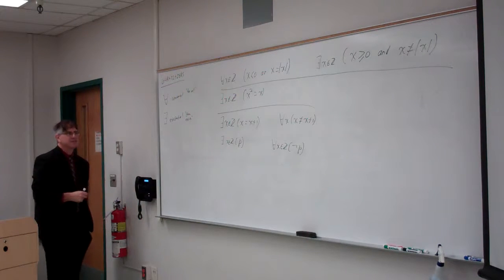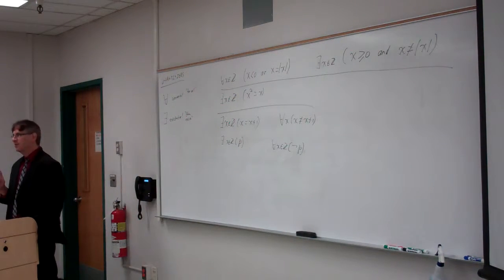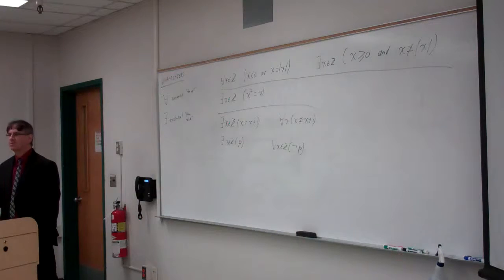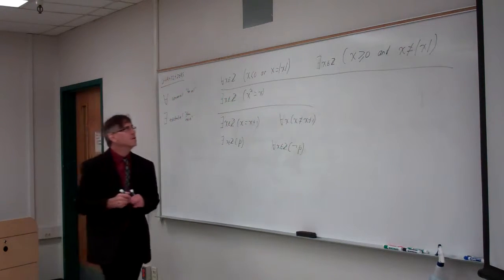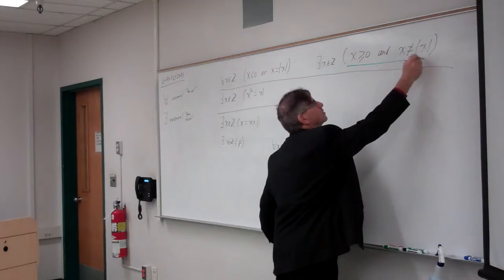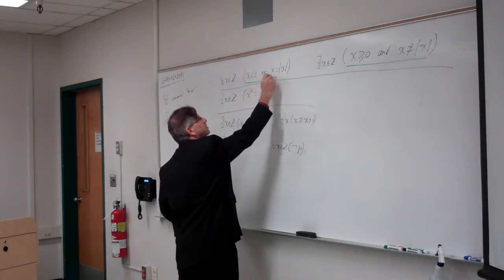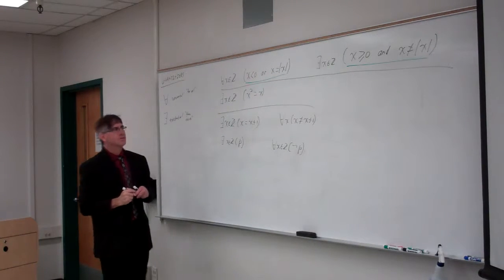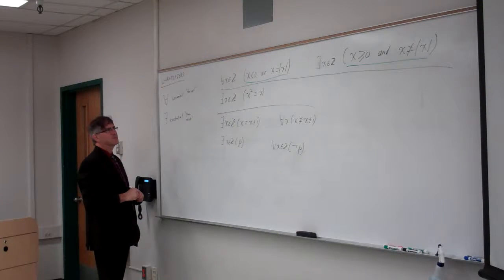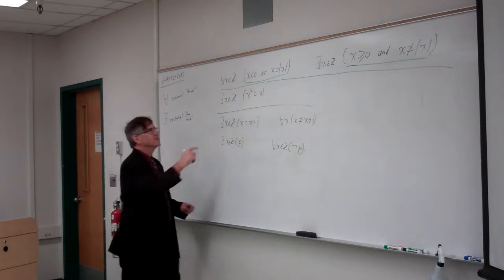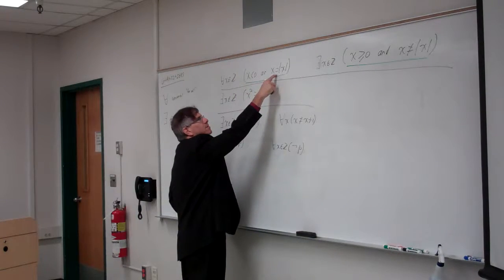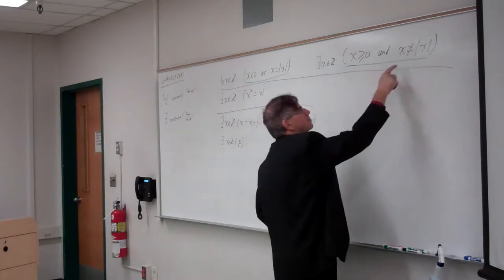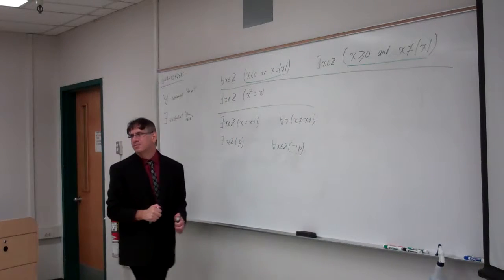This is saying there is an integer which is not negative but is not equal to its absolute value. And that's not true. But this is the negation of this. And I slipped a De Morgan in there. The negation of this or this is the negation of this and the negation of this: x bigger than or equal to 0 and x is not equal to its absolute value.